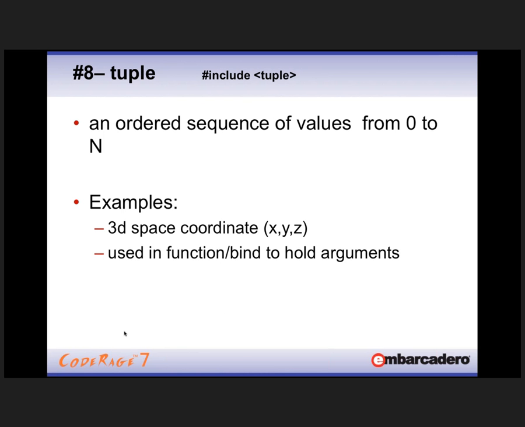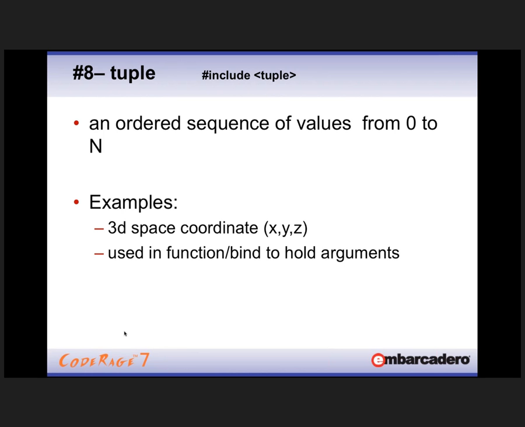Another really interesting one for me in particular, because again I do a lot of 3D graphics stuff for fun, is tuple. And tuples are used in a lot of places. They're basically just a sequence of values that are paired together. So a couple of examples: like we just saw in the binding example, this is how functions and binding hold arguments for that particular feature.